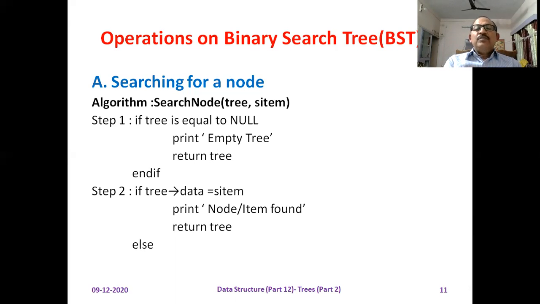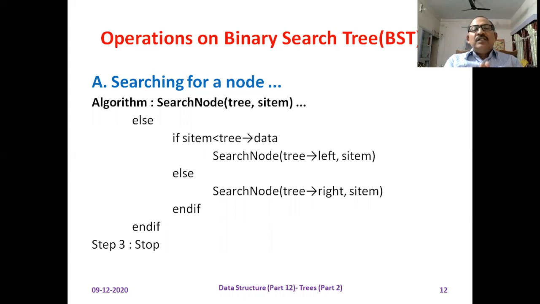if the item is not found at the root node, what will we do? We compare the search item with the root node. Else, if the search item is less than tree data, what will we do? Here you can see we will again call the search node function, a procedure, with parameters tree left and the search item. At this time, we follow the left subtree of the root node, meaning tree left.